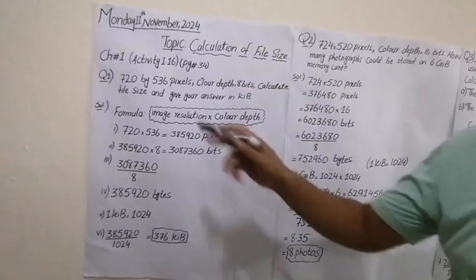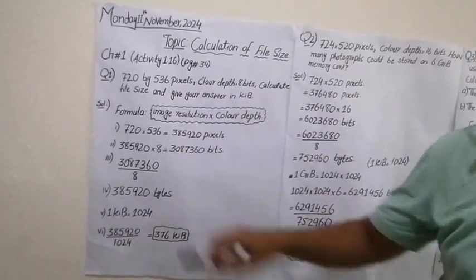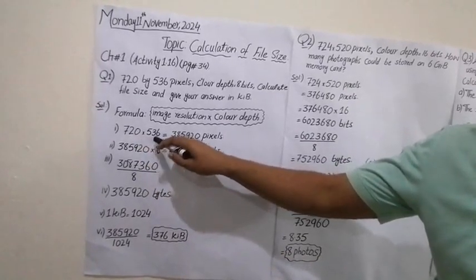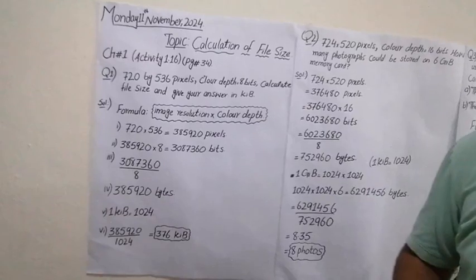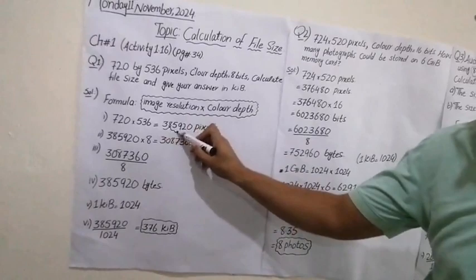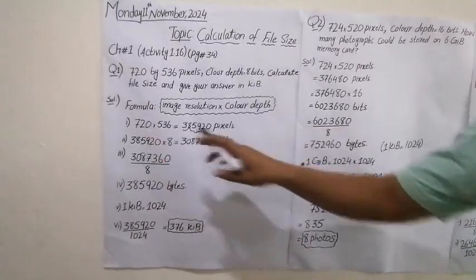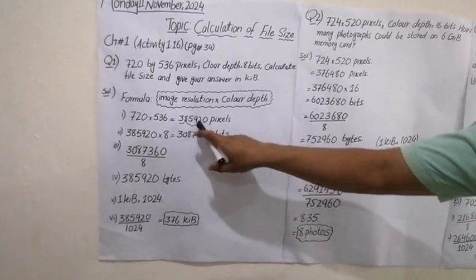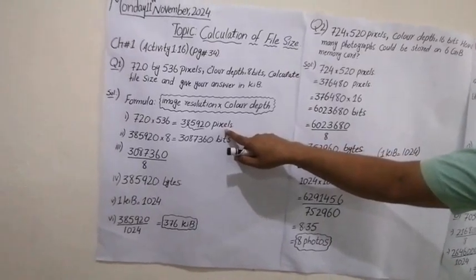So let's take the image resolution from the question, and that is 720 multiplied by 536. When you multiply these two values, you will get this answer in pixels. Calculator is not allowed, but you can do the multiplication at the side of the page in your rough work, and then you can write the final value, and the unit with it will be pixels.